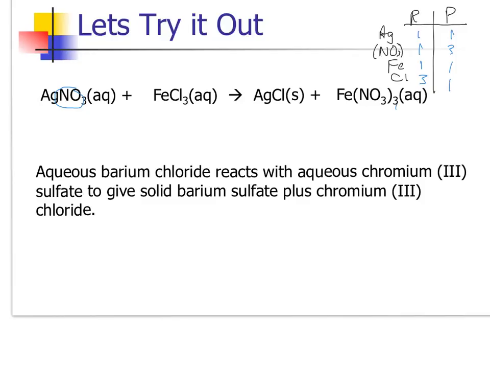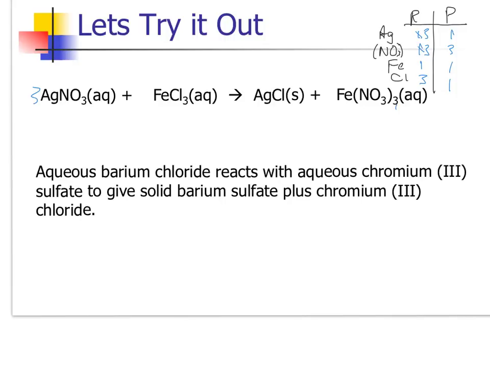And now this one becomes quite the conundrum. And you think, well, how can I do this? Where do I start? It doesn't matter where you start. Start by balancing out your nitrate. Well, I need to put a 3 in front of my silver nitrate on my reactant side.